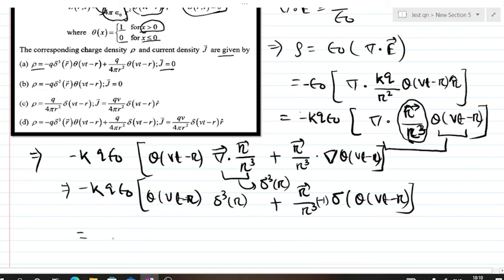Keep the minus sign inside, so our answer will be, and again keep r vector as r cap.